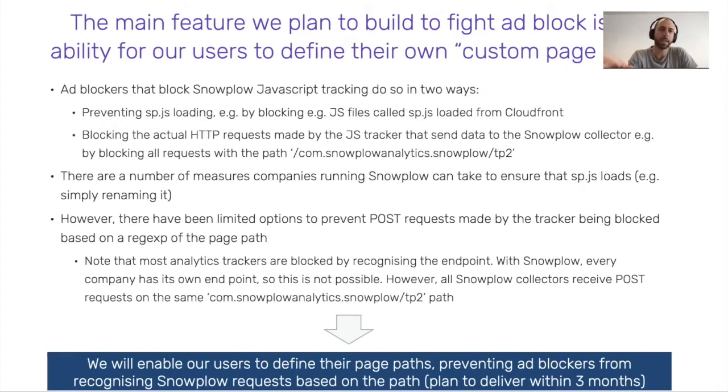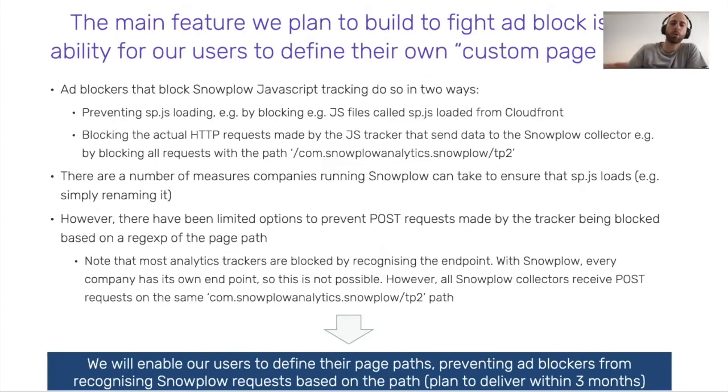So the first thing that they do is they try and prevent the Snowplow JavaScript, so whatever the analytics JavaScript SDK, from loading. And they can do this by, in Snowplow's case, I think what some of them have tried in the past is blocking the loading of any file called sp.js from CloudFront, which is how many Snowplow users loaded their Snowplow JavaScript historically.